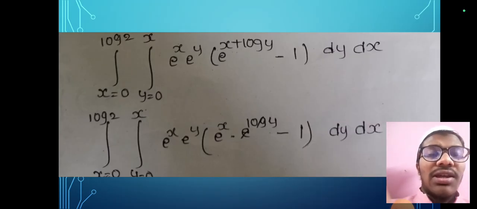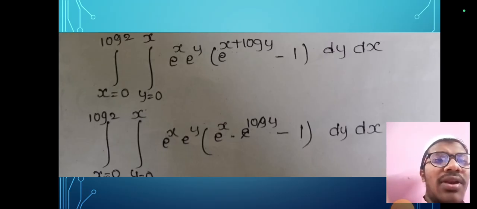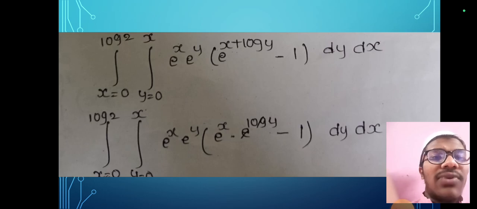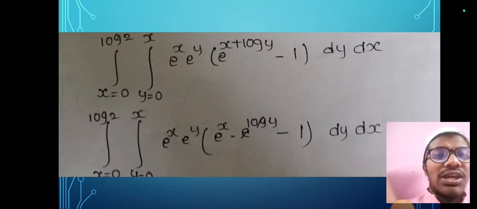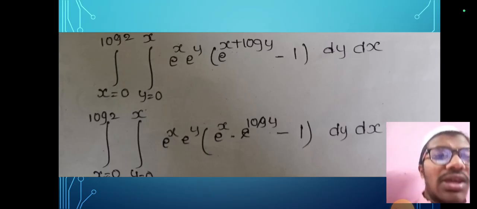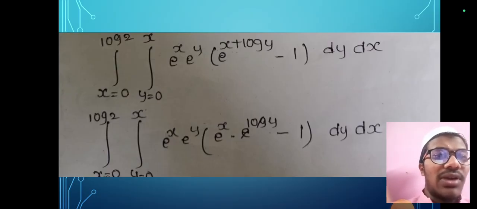So we get integral x equal to 0 to log 2, integral y equal to 0 to x, e power x, e power y, e power x plus log y minus 1 dy dx. And we get e power x, e power y, e power x into e power log y minus 1.